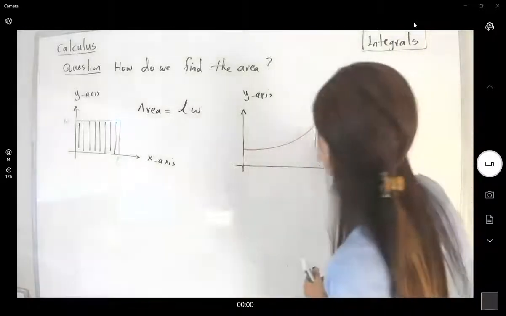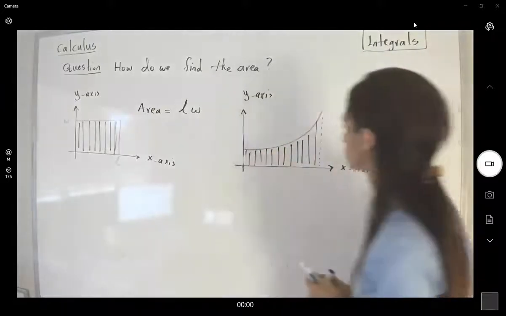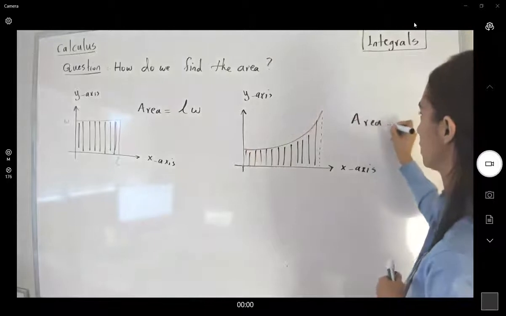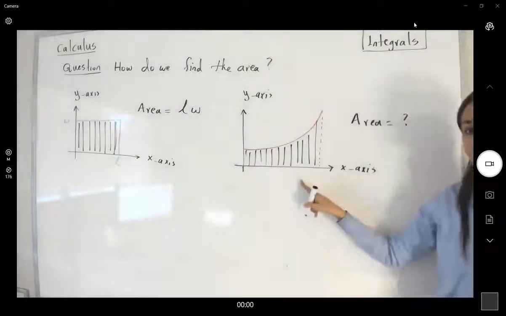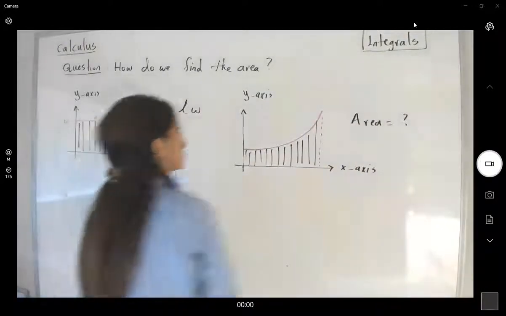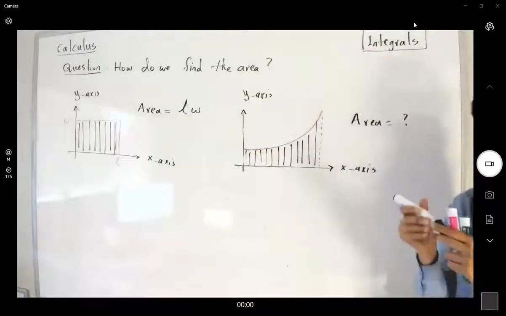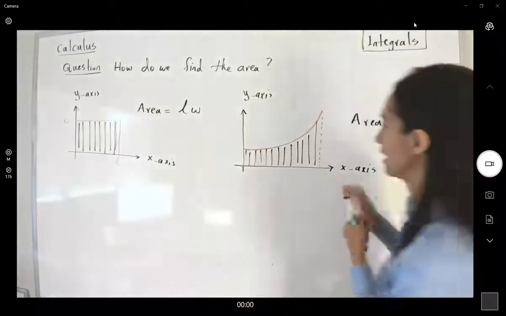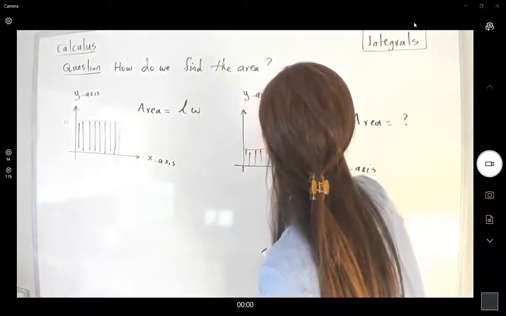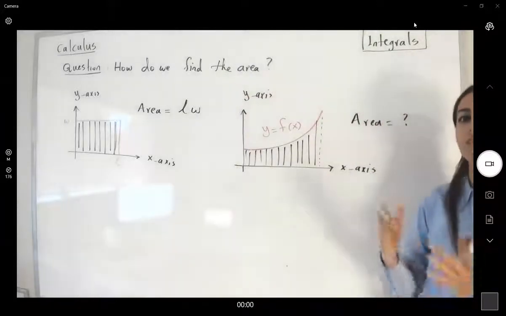What is this area? Now, how do I calculate this area? See, it's not as easy as calculating this area. Why is that? Because this function, for example y equals f of x, is changing. This function on top is changing.